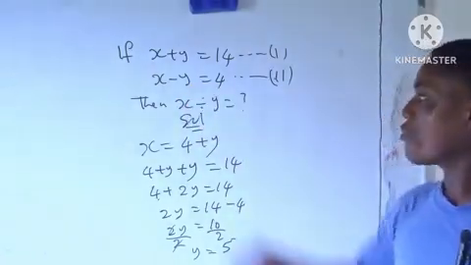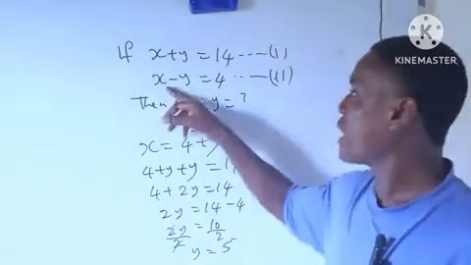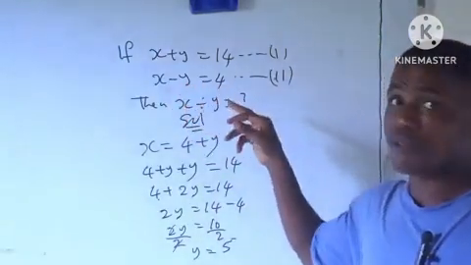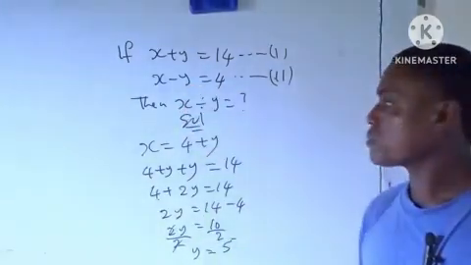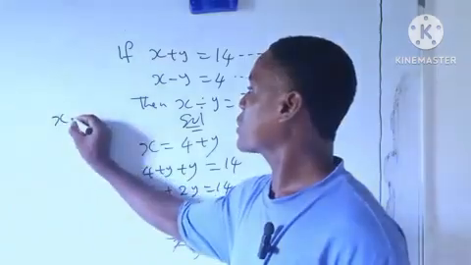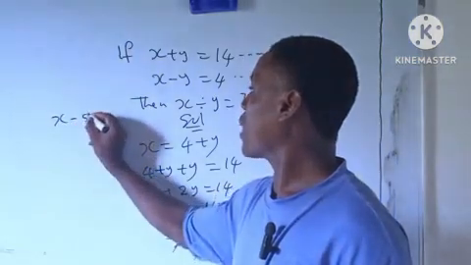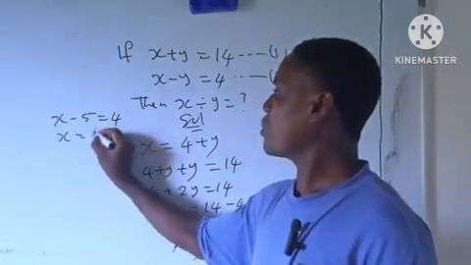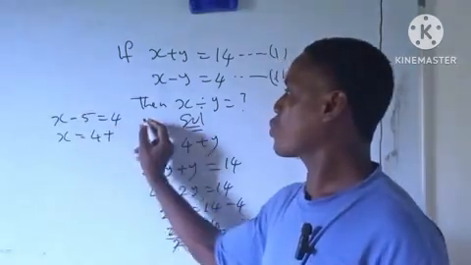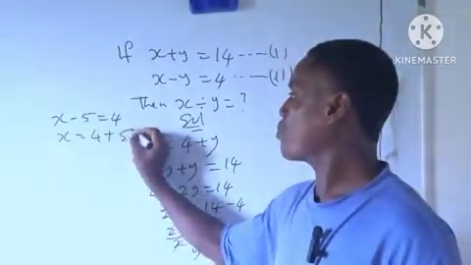Are you getting it? So from equation 2, we have x minus y equals 4, right? Anywhere we see y in this equation, we put 5. So we'll have x minus 5 equals 4. So x equals 4 plus, moving this one, we change to plus 5.